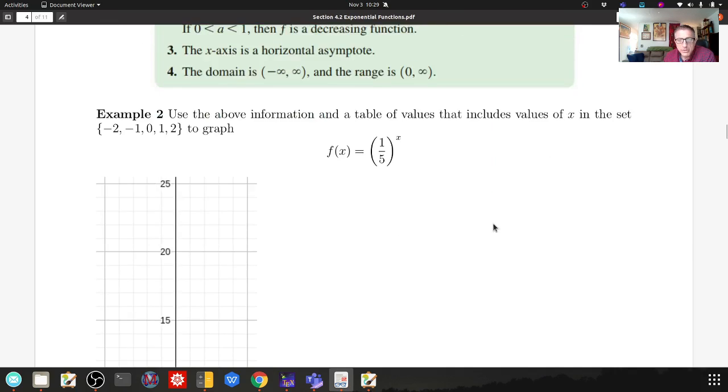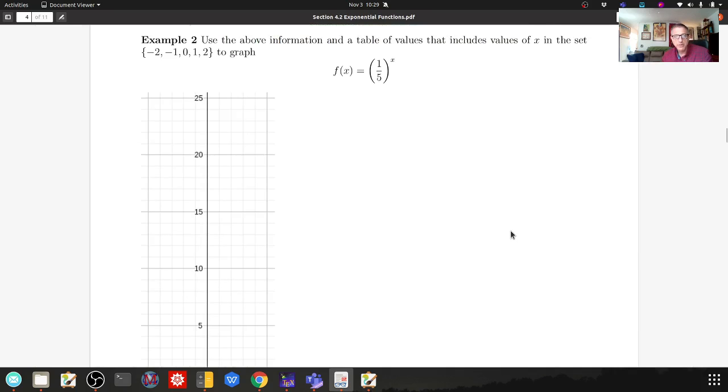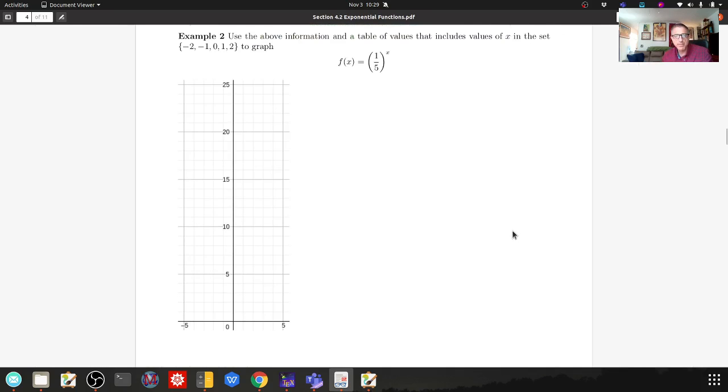So let's do this next exercise. Use the above information in a table of values that includes values of x in the set -2, -1, 0, 1, 2 to graph this.